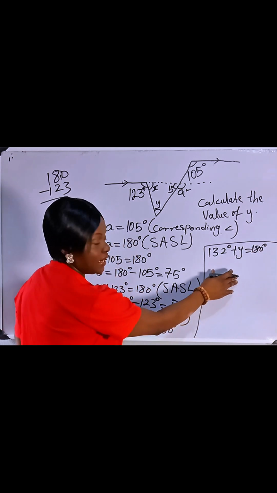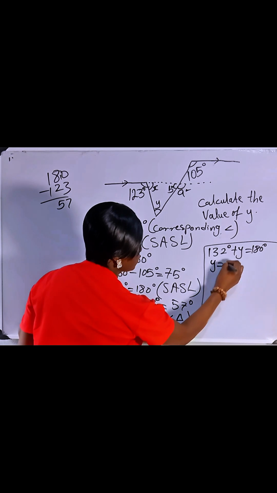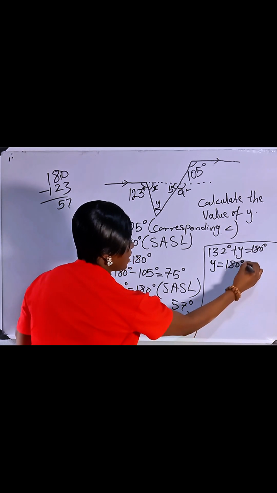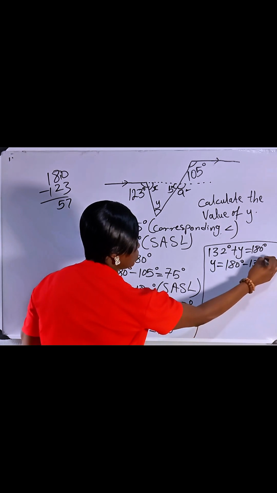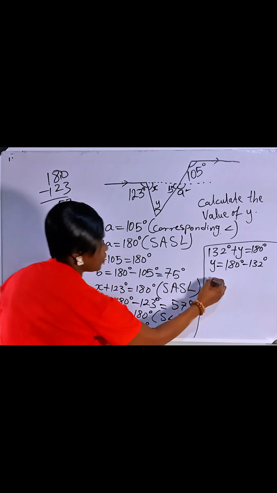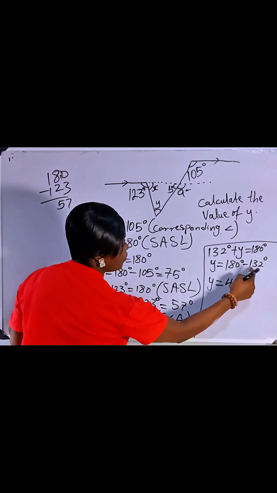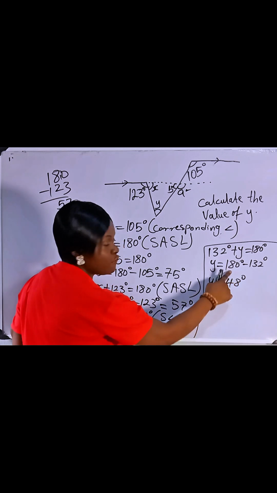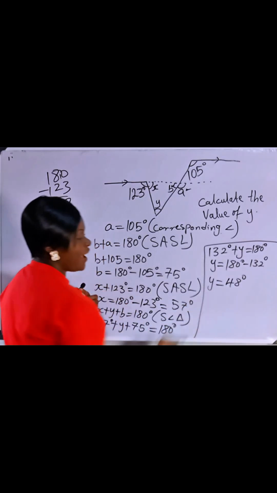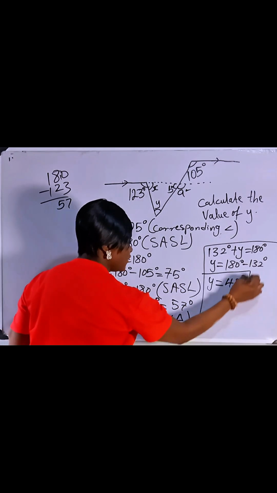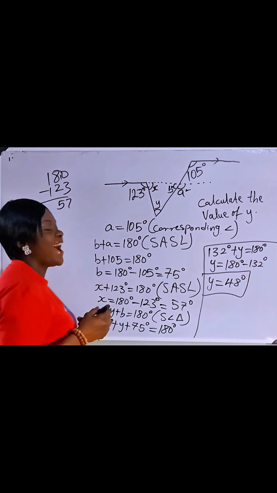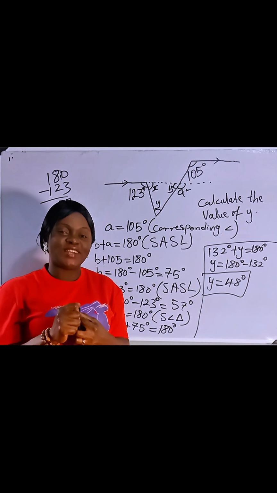So from here, let's collect like terms and we have Y equals 180 degrees minus 132 degrees. So Y will be equal to 48 degrees. That is 132 degrees subtracted from 180 degrees. We have 48 degrees as the value of Y. I hope this is very, very clear and interesting.